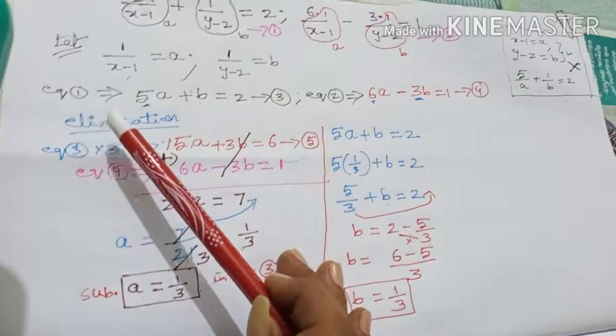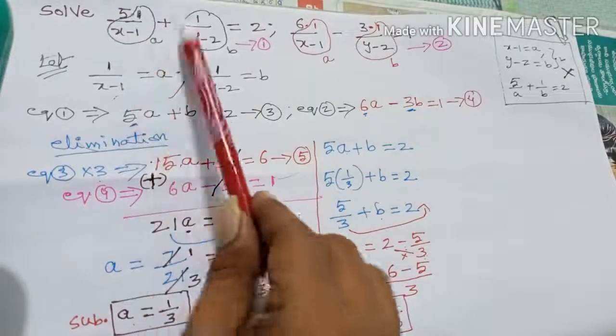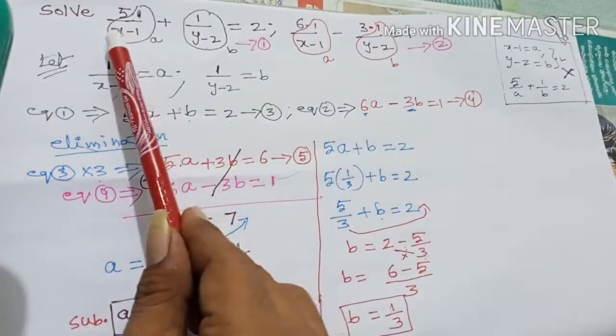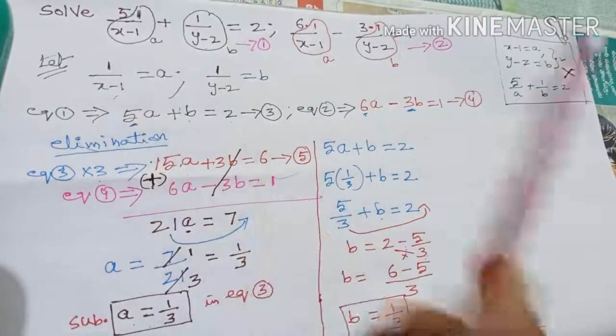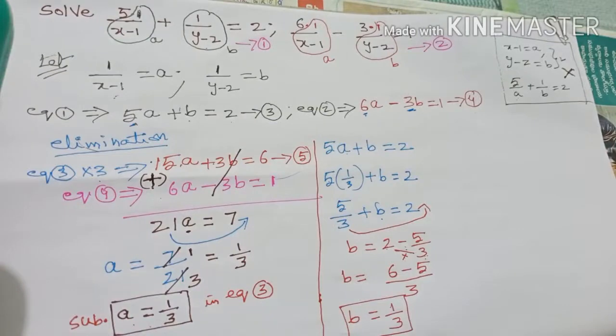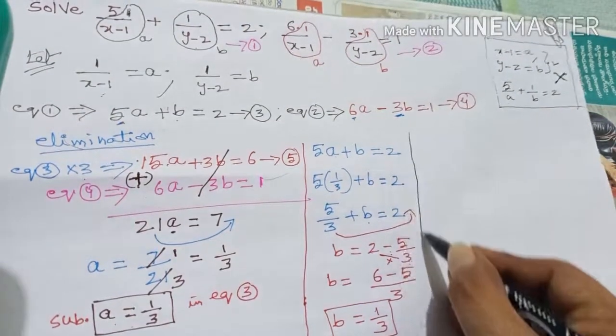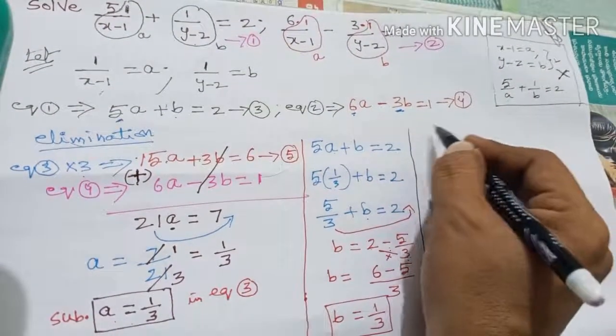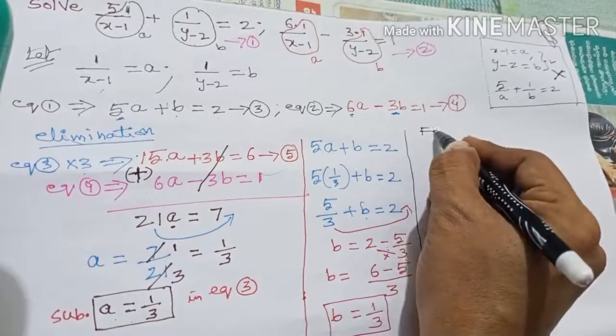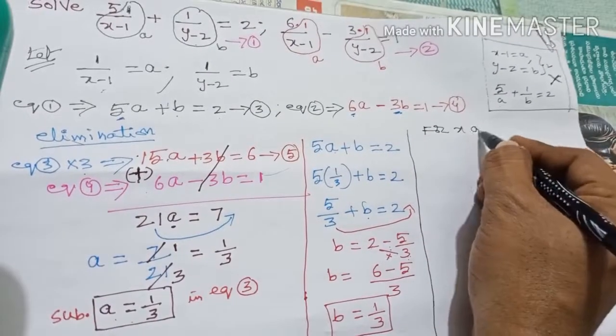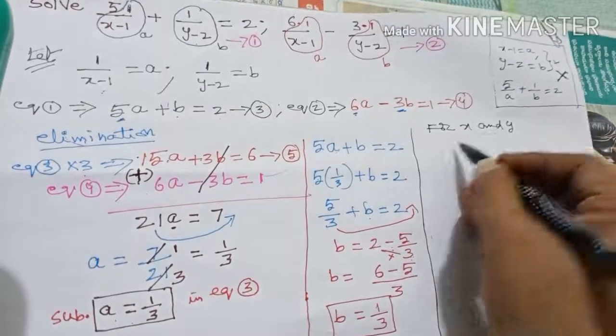Because our problem does not contain a and b. Our problem contains the variables x and y. So finding x and y is our ultimate aim. Therefore, we have to find x and y at the final stage. You have to put a headline for x and y. Okay, how can you get the values of x and y?